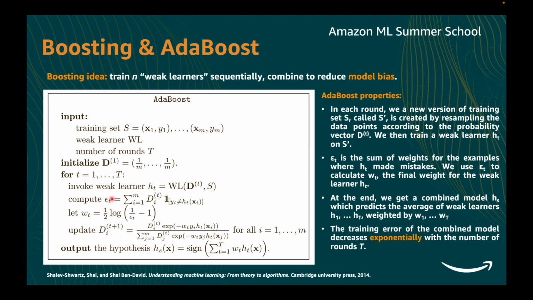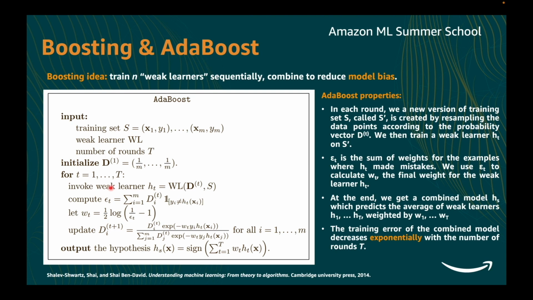So now I've got this cumulative error term, and if my predictor is perfect, then this error term will be 0. If my predictor is horrible, my error term will be 1, right? If my h of t, the model which is created, is completely incorrect, then my error term will be 1.